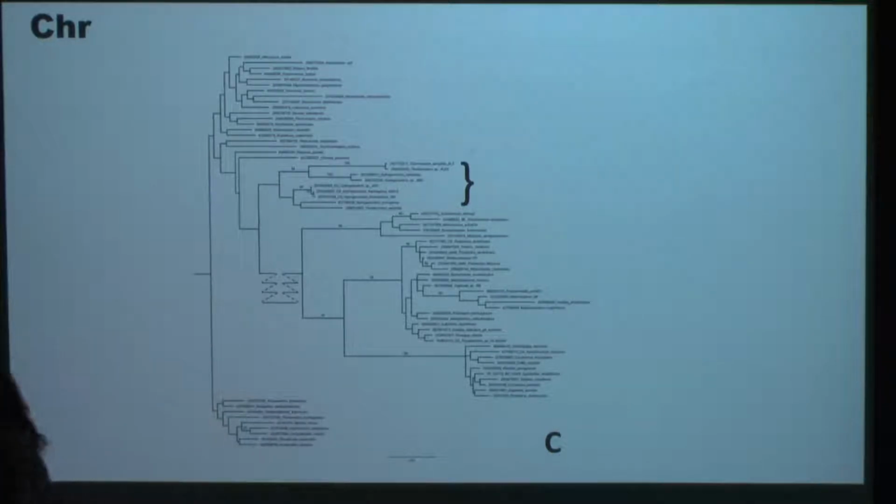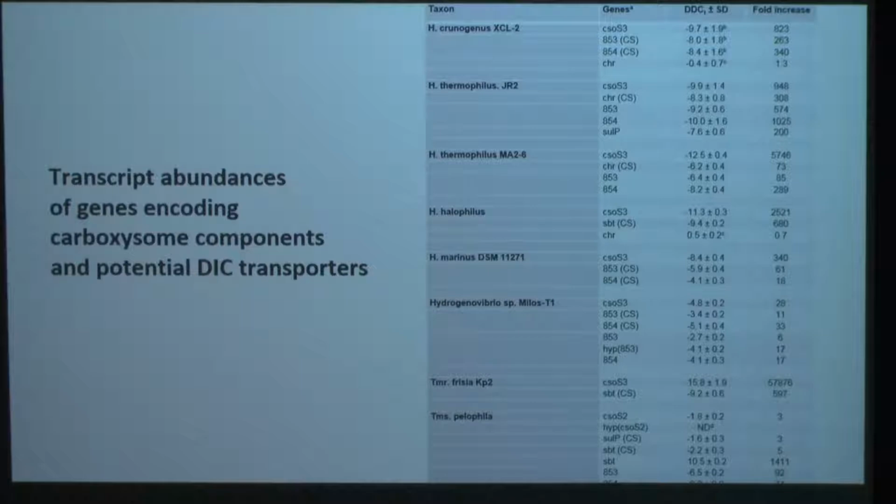Okay, so I've got these 4 transporter families that are encoded downstream from carboxysomes. I wanted to collect more information to convince myself whether or not these actually transport bicarbonate. One line of evidence was to do some qPCR and compare the transcript abundances from these genes under low CO2 versus high CO2 conditions.